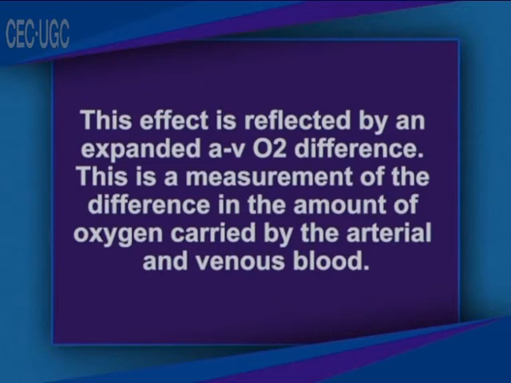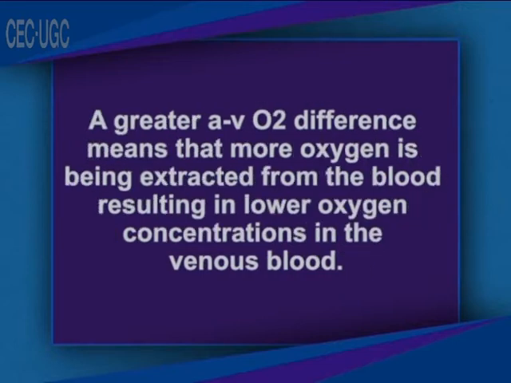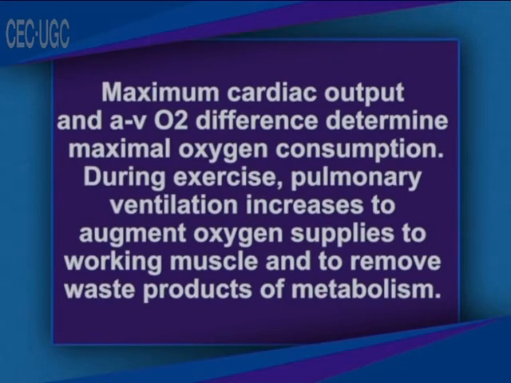This is a measurement of the difference in the amount of oxygen carried by the arterial and venous blood. A greater AVO2 difference means that more oxygen is being extracted from the blood, resulting in lower oxygen concentrations in the venous blood. Maximum cardiac output and AVO2 difference determine maximal oxygen consumption.